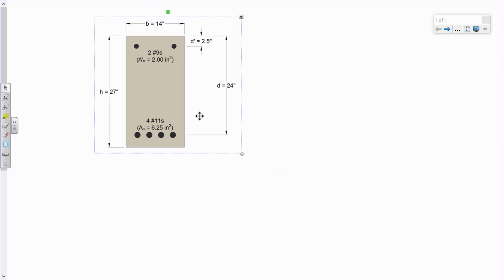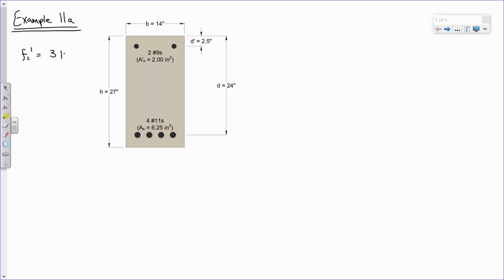Can everybody read that? Okay. All right. Everybody with me so far?